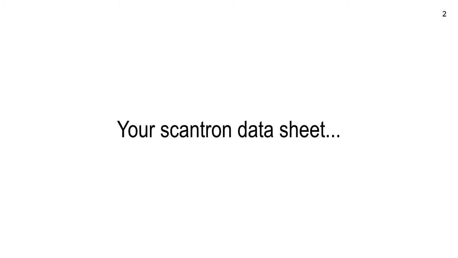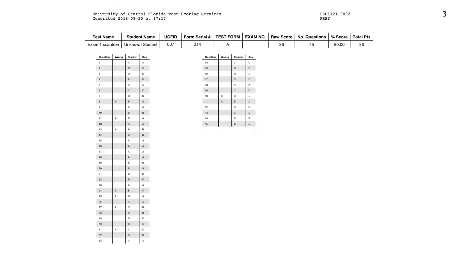I want to show you a typical Scantron printout. If you look at the top here in the upper right, it'll show you your grade, your points. I think it says total points. And whatever the Scantron gives for total points, that's what goes into the exam 1 Scantron line of your grades page.